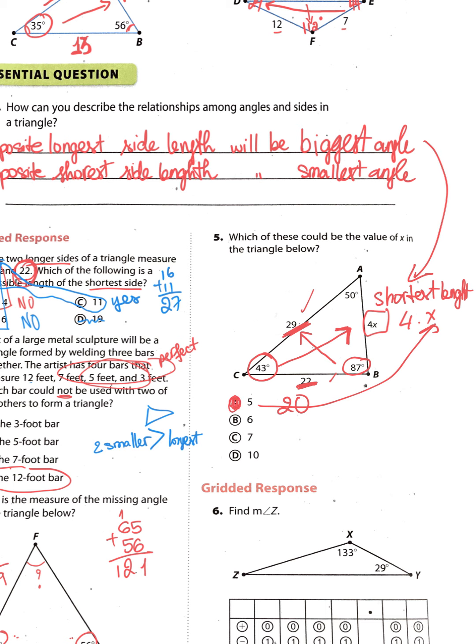Let's try the other one. 6 times 4 is 24. It's not the shortest. 22 is the shortest. That's not going to work. 7 times 4, of course, is 28. 28 is not the shortest length. And 10 times 4 is 40. That's the longest one. So you can count out B, C, and D.